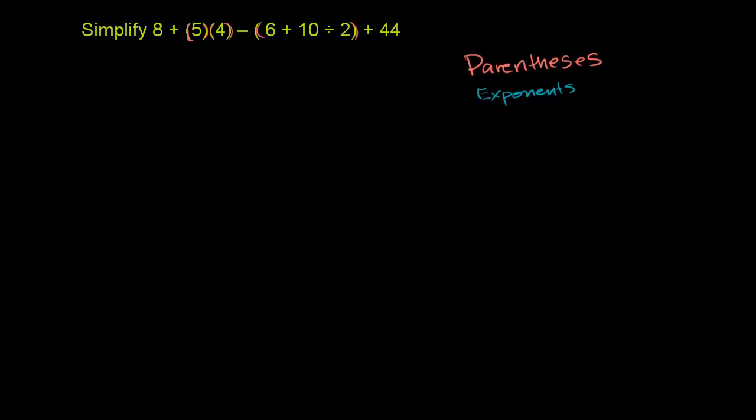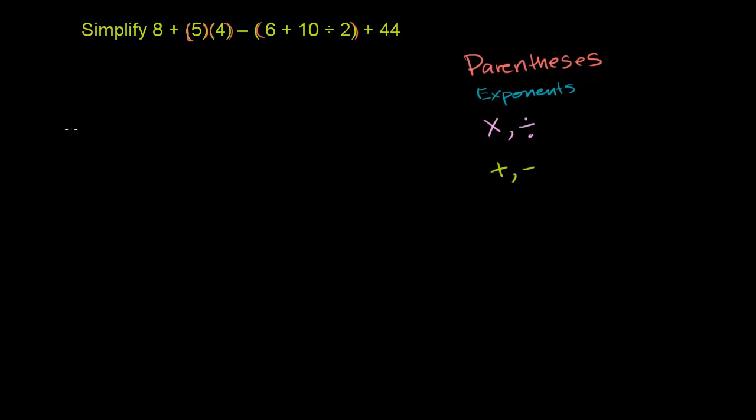Then it grows a little bit slower, or shrinks a little bit slower, if I multiply or divide. So multiplication and division comes next. And then last of all comes addition and subtraction. These are the slowest operations, this is a little bit faster, this is the fastest operation, and the parentheses, no matter what, always take priority.